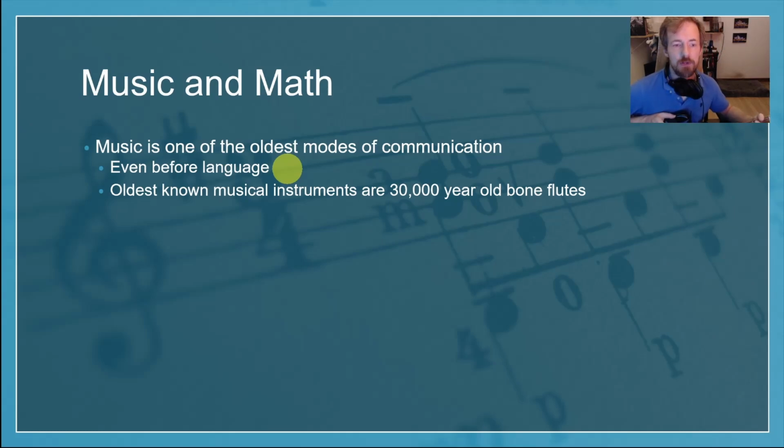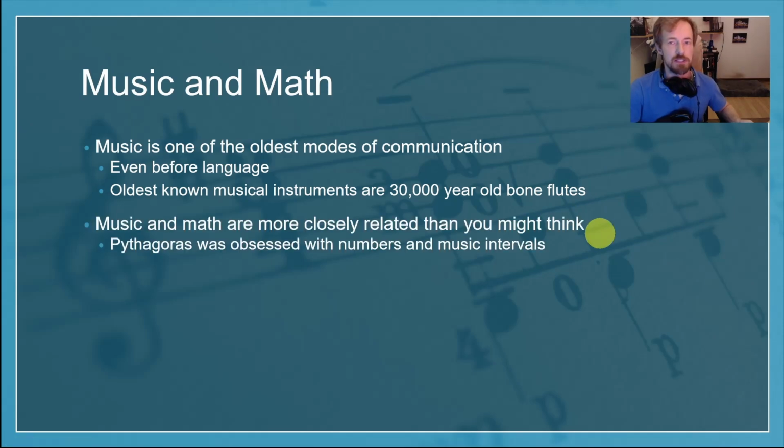You can imagine people using drums to communicate war, for example, or to communicate celebration, or rituals like weddings. The oldest musical instrument seems to be bone flutes that were crafted 30,000 years ago, so this is extremely old stuff.